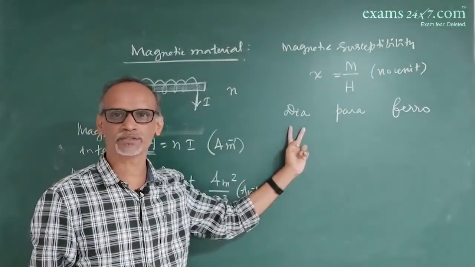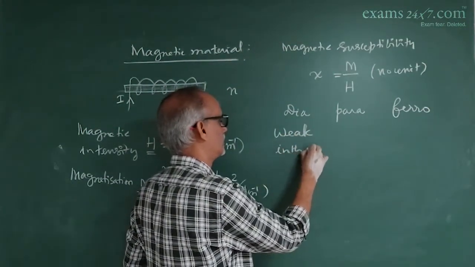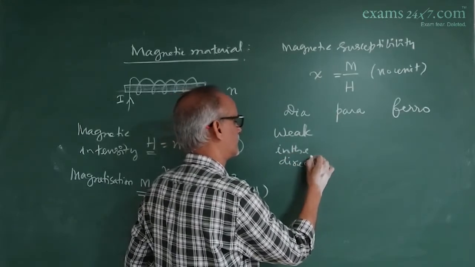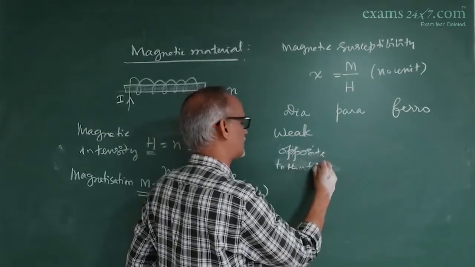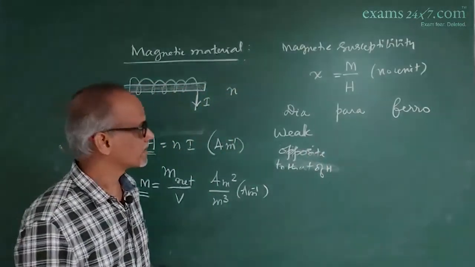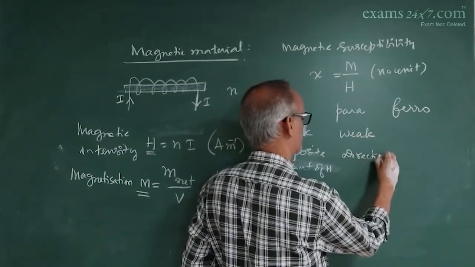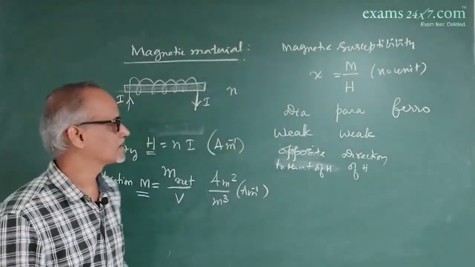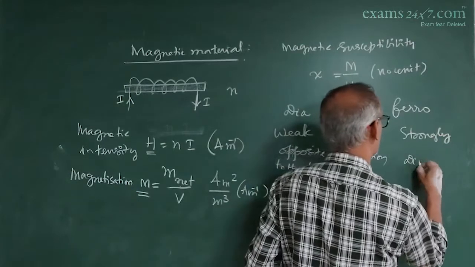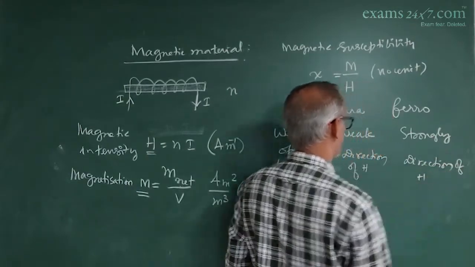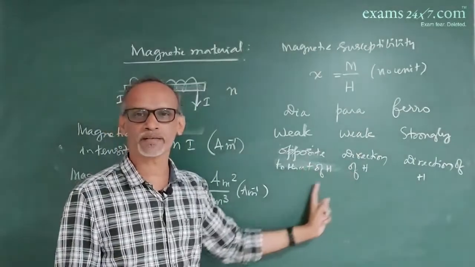Diamagnetic substances are ones in which materials are very weakly magnetized in a direction opposite to that of H. A paramagnetic substance is one in which the materials are weakly magnetized in the direction of H. Whereas ferromagnetic substances are ones in which the materials are strongly magnetized in the direction of H. So the difference between the dia and the para, both are weakly magnetized, but the direction of magnetization is different.